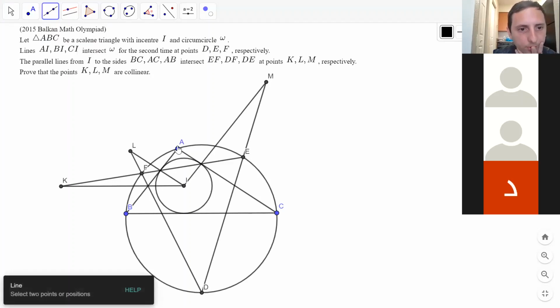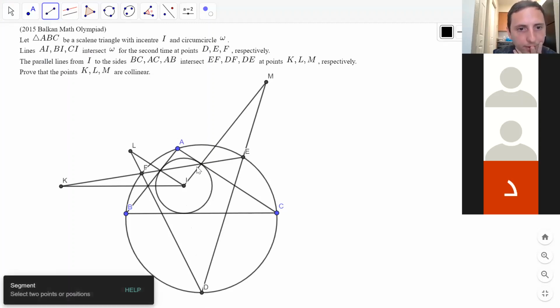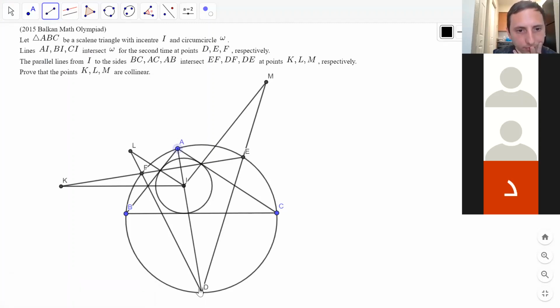So yeah, maybe we could use Desargues' theorem on some other triangle. I guess I'll just draw these just for the heck of it.